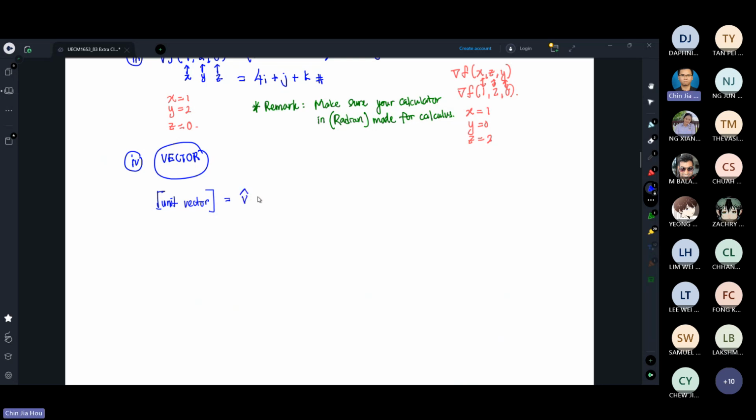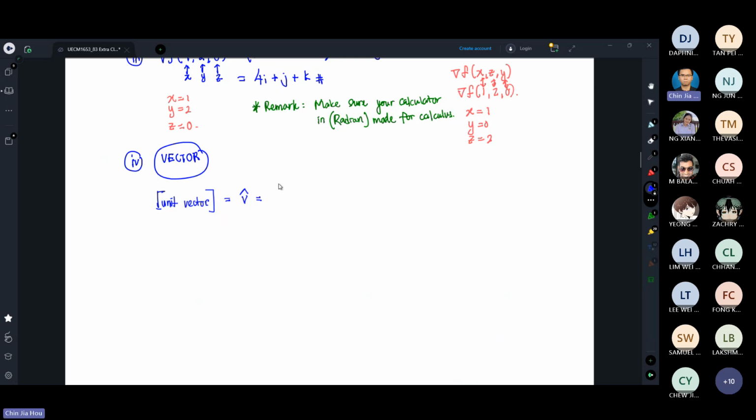We find the unit vector. If you forgot the symbol, it's okay. You just write the name unit vector. If you forgot that the unit vector is supposed to be a letter with a pointy cap like that, it's fine. You write the unit vector of v. It's also okay.